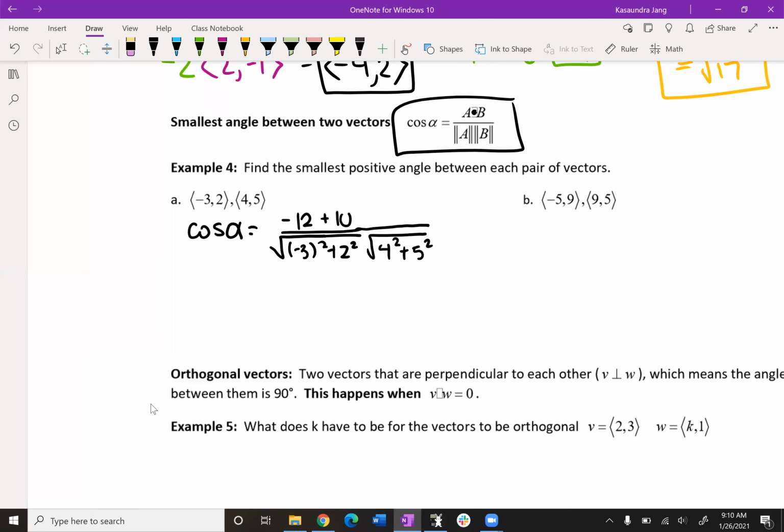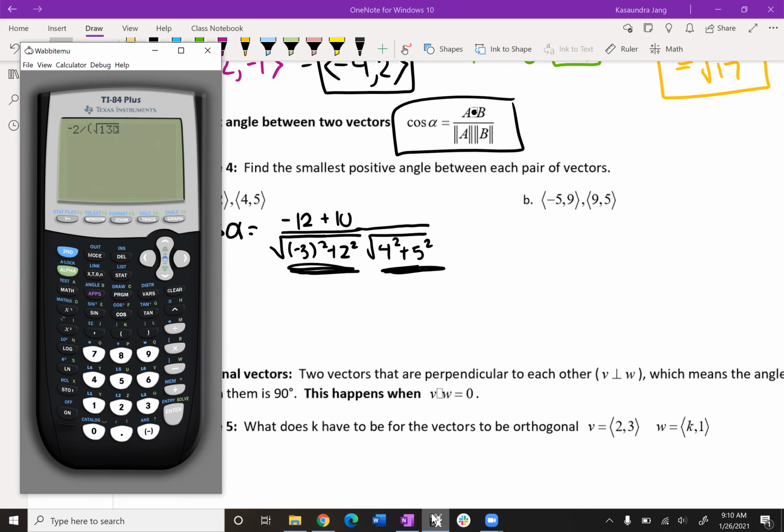I just was looking at 9 plus 4, so 13, and this one 16 plus 25, which is 41. So times the square root of 41, okay. Put that in parentheses, there we go.